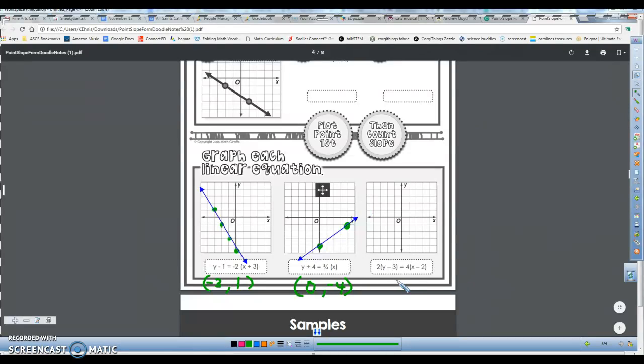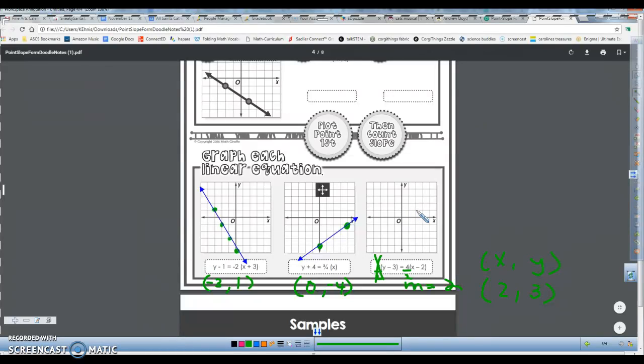Ooh, this one has a 2 on the outside, which means I could divide that over here so that I would have a slope of 2, and then I don't have to really worry about it on this side. Ugh, ugly. But go ahead and tell me what point I could start at, what my x1, y1 would be. Good, we should have picked 2, 3.